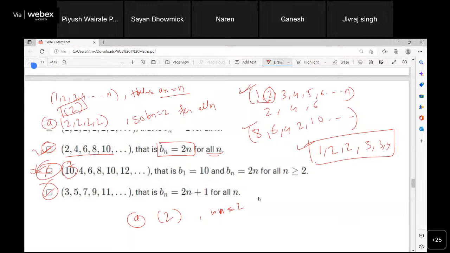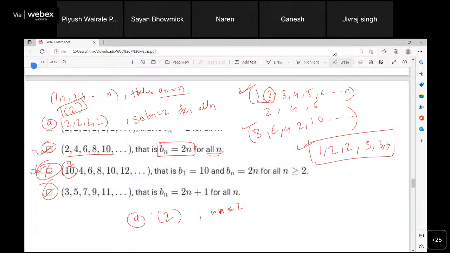So only 2 will not be a subsequence. If we denote that as b1, then it makes sense. If the condition is bn equals 2n and we say b1 equals 2, then that makes sense. But arbitrarily saying bn equals 2 doesn't make sense, because that's constant.